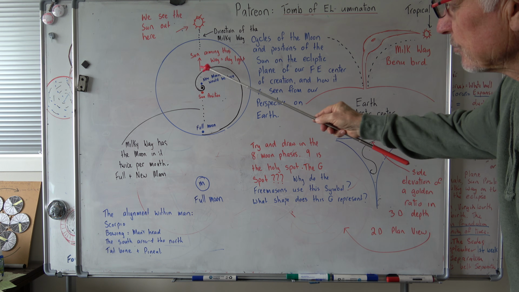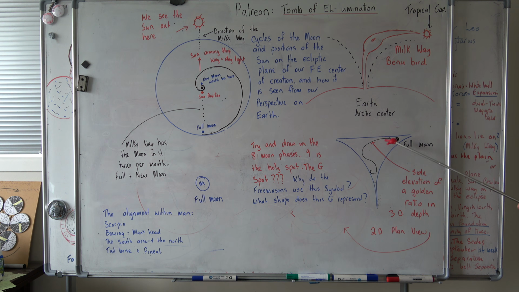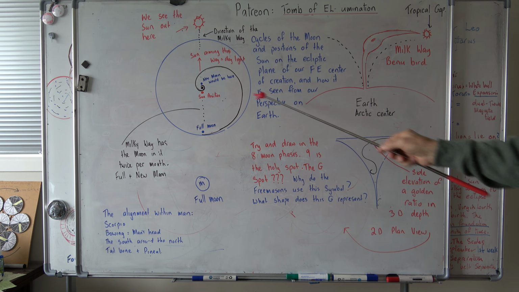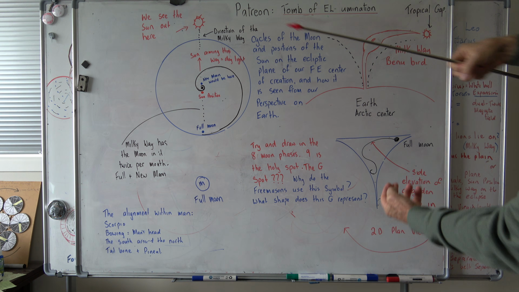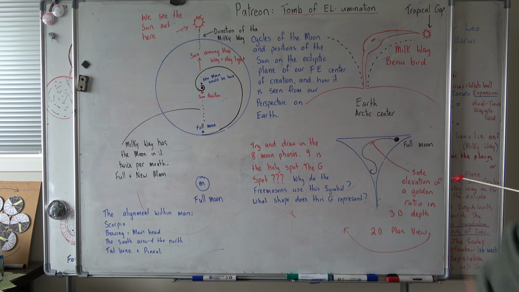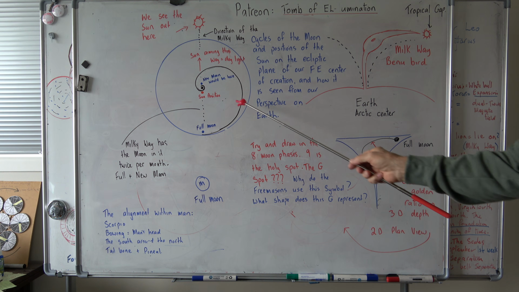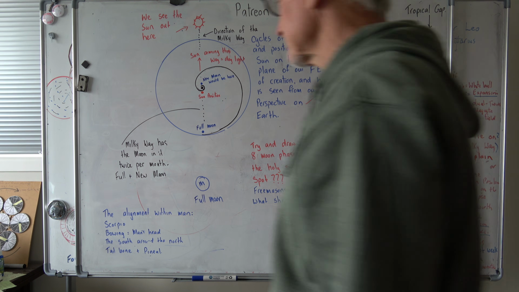So you've got the golden ratio here, and you've got the S-curved side elevation of the 3D realm below it, stretched out. So you just pull a spring out to get this 3D image. Side elevation of a golden ratio in 3D depth. The 2D plane view is what this looks like here.